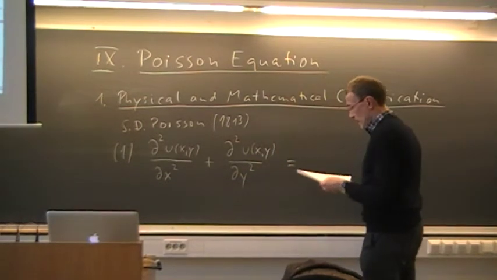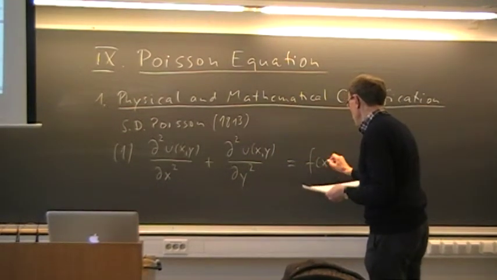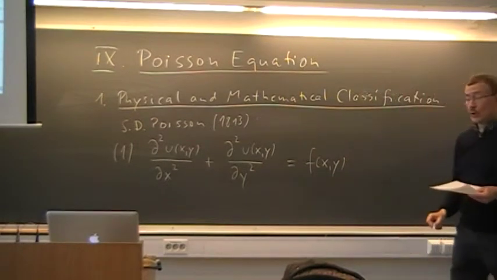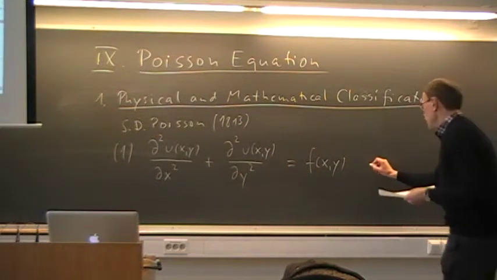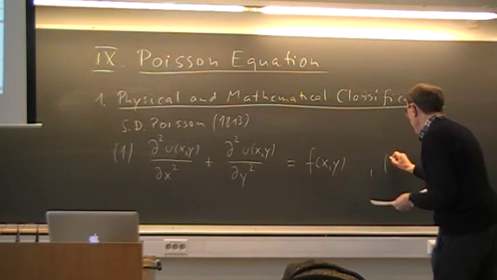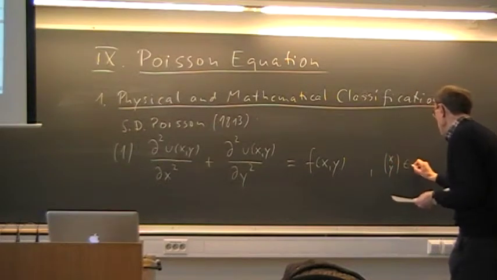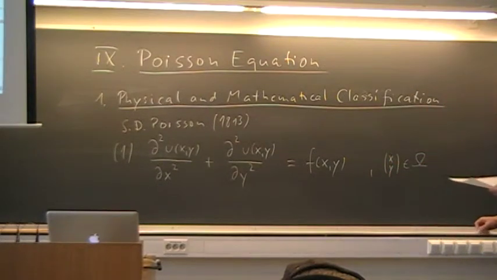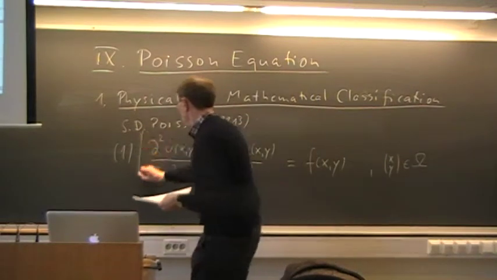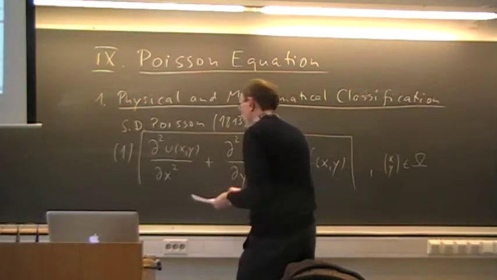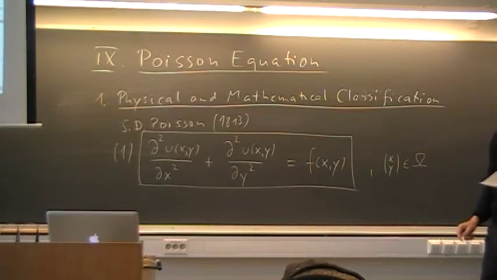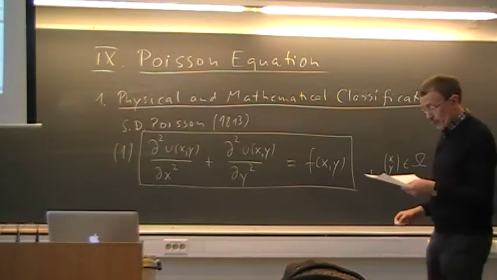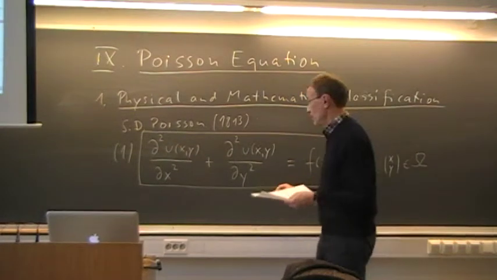On the right hand side we have some source term f, which depends just on x and y. We assume that (x, y), which is our vector, is in some domain omega. This was later called, after Poisson, the 2D Poisson equation.